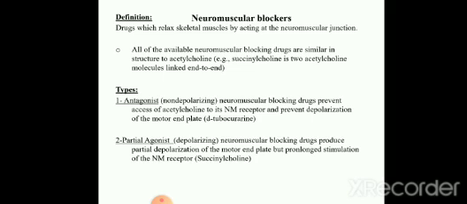These neuromuscular blockers have a structure similar to acetylcholine, thereby they occupy the places of acetylcholine in NM receptors. There are two types. One is an antagonist. You know that acetylcholine acts on the NM receptor and causes muscle contraction.